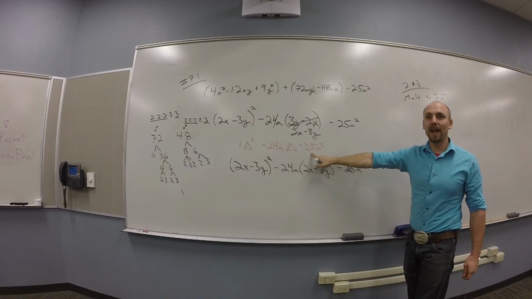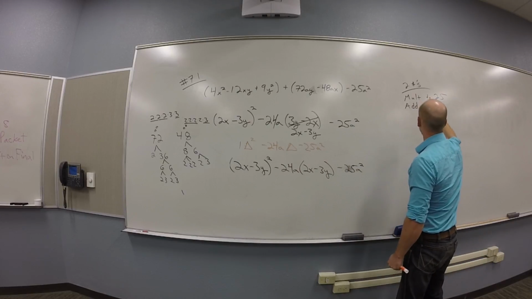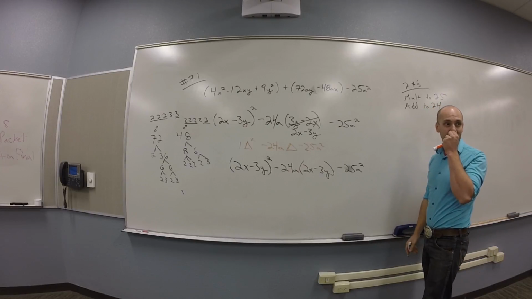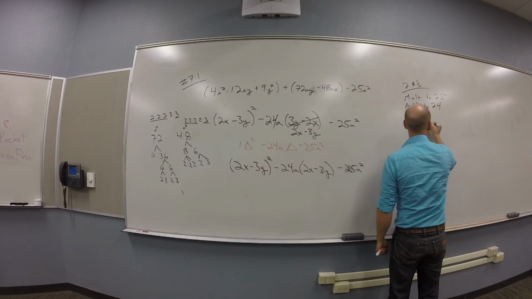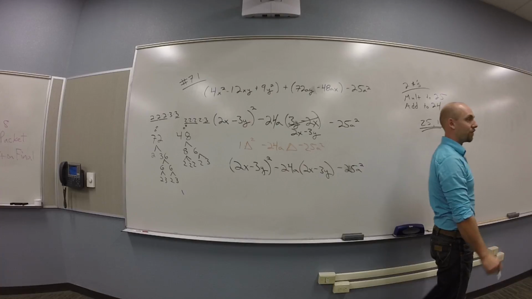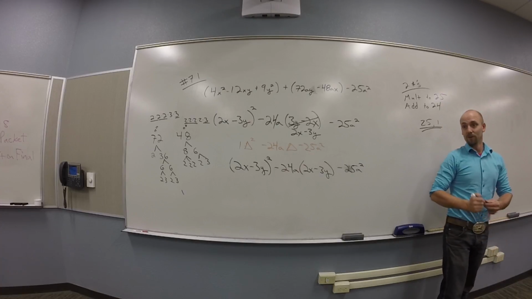And they should add to 24, right? So 25 and 1. There's your two numbers. What do you do with those? Rewrite the middle.